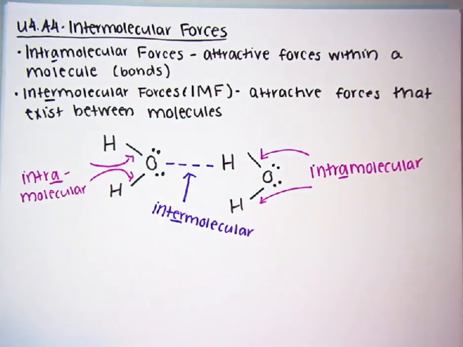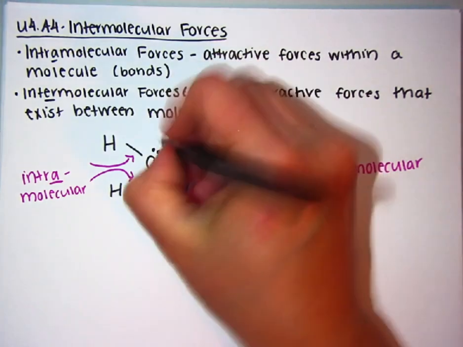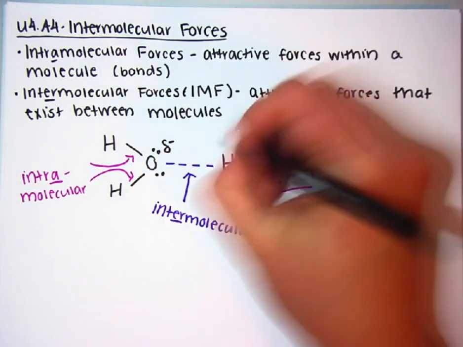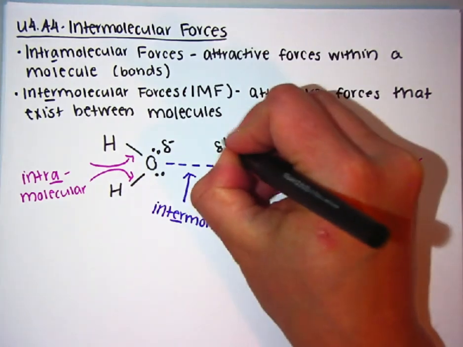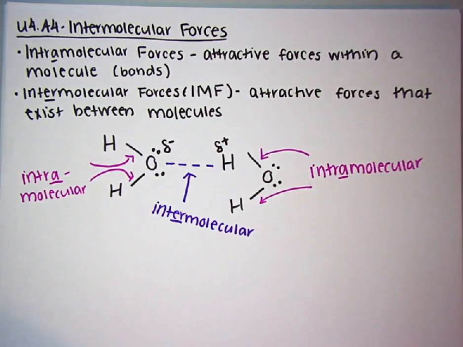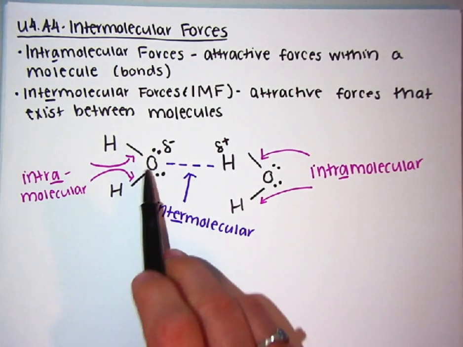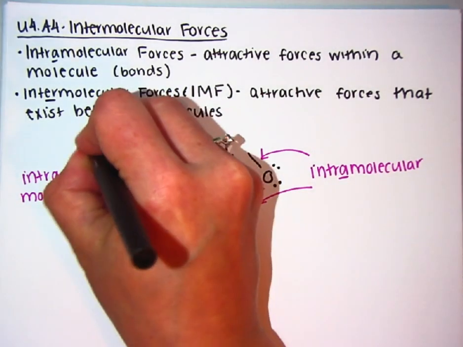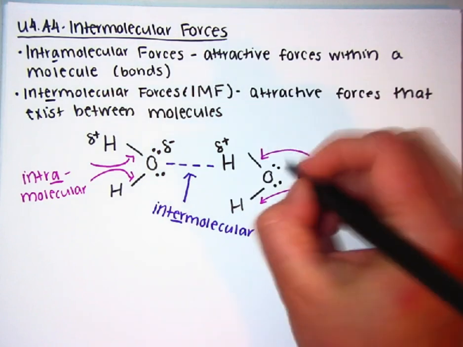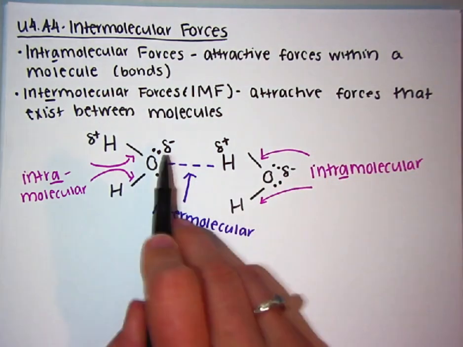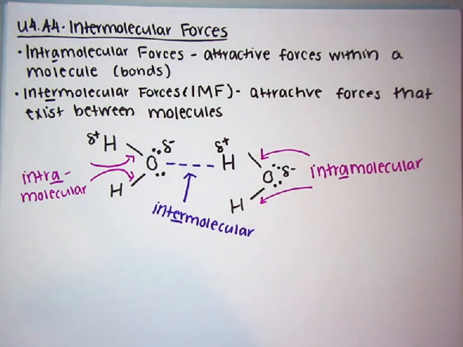And we're going to see that the reason these intermolecular forces happen is due to attraction of opposite charges. In this case, water is a polar molecule. Oxygen gets the partial negative, whereas hydrogens are partial positive. And that opposition of charge is going to attract these molecules, and that is going to hold them together.